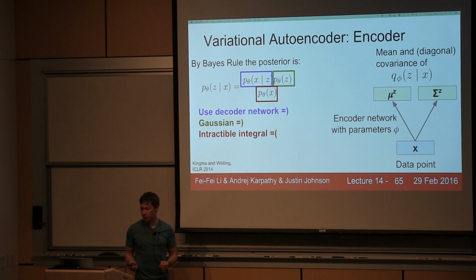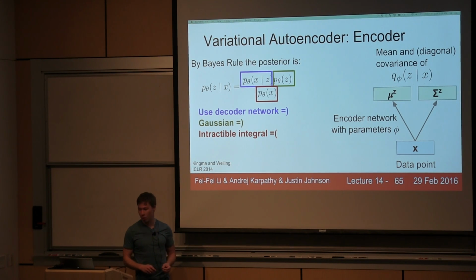Instead, we're going to introduce some encoder network that will try to directly perform this inference step for us. This encoder network is going to take in a data point and spit out a distribution over the latent state space. Looking back at the original autoencoder, this looks very much like the bottom half of a traditional autoencoder, where we're taking in data, but now instead of directly spitting out the latent state, we spit out a mean and a covariance of the latent state.